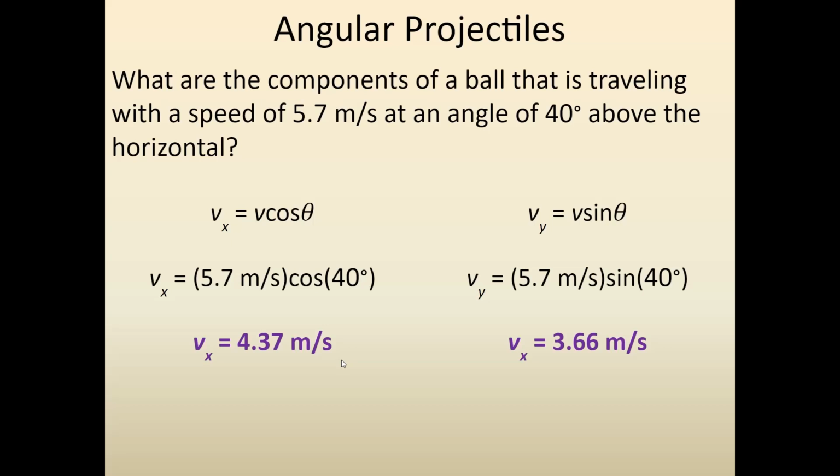One big issue I see is that sometimes people remember that they have to do sine and cosine with these numbers, but then when they go to plug numbers into the chart, they throw them out and just go back to using the 5.7 number. Maybe they use one of these, but they don't end up using both of them, and it ends up being a big issue. If I'm telling you to do the components, it's because you're going to use these components. Again, there are very few times where you're not going to do this right off the bat.